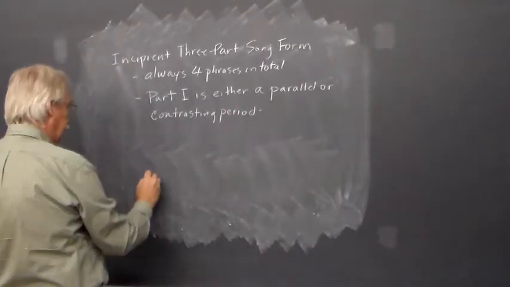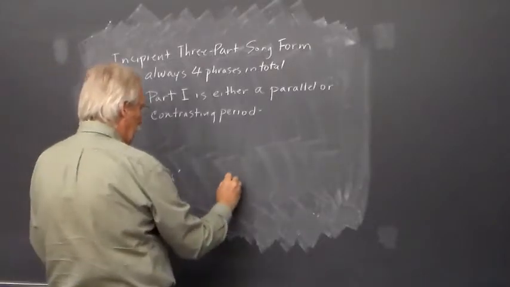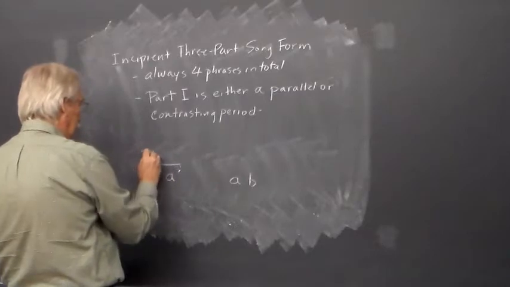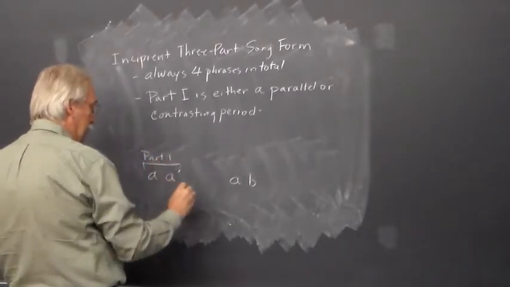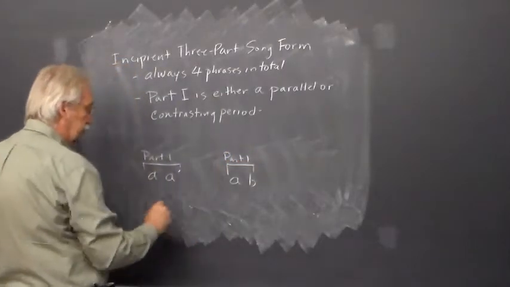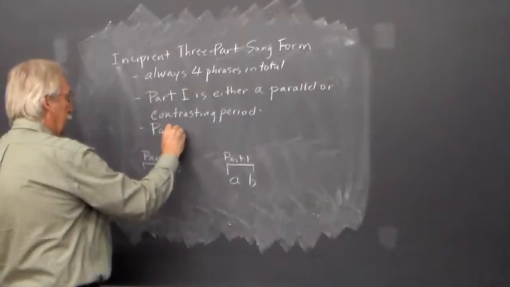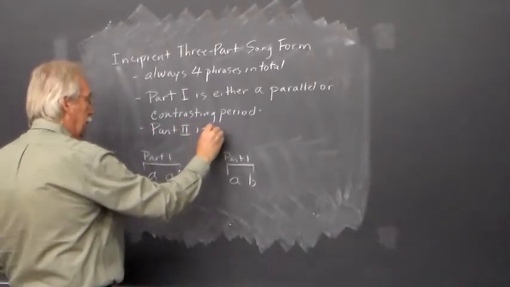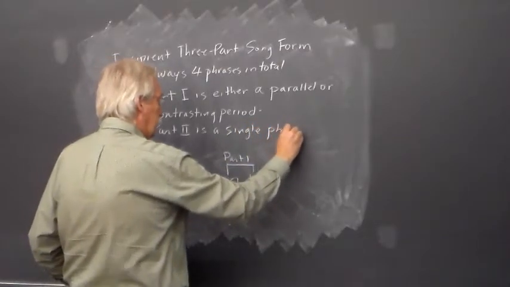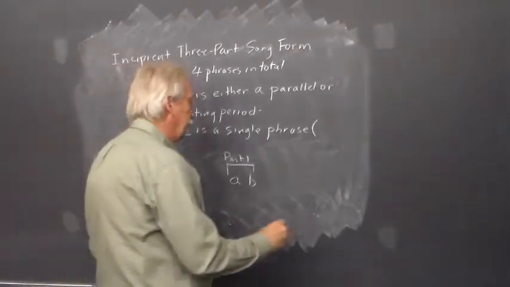All right, so it's like this or like this. So I'm going to draw up here 2 examples. Part 2 is a single phrase. Usually it's contrasting.